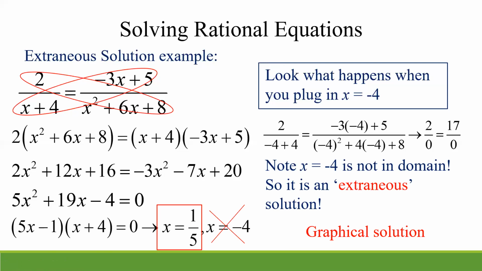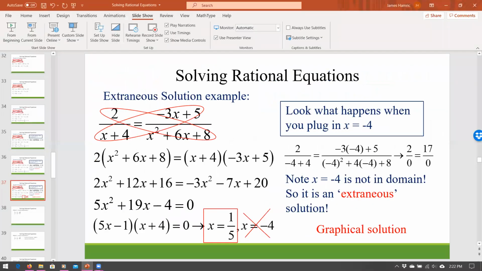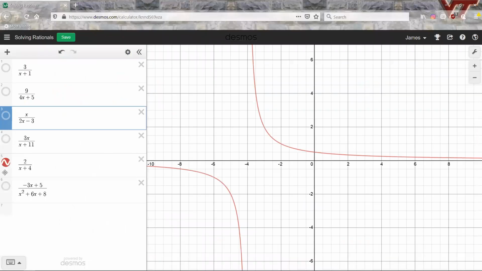Now, in full disclosure, I didn't plug in 1/5 to show you that it works. I promise that it does, but I will show you the graphical solution in this case. So you can see that even though mathematically we got two solutions, we really only have one solution to this. So here is this last one that I'll show you.